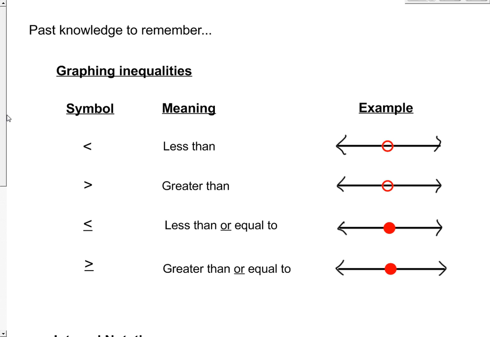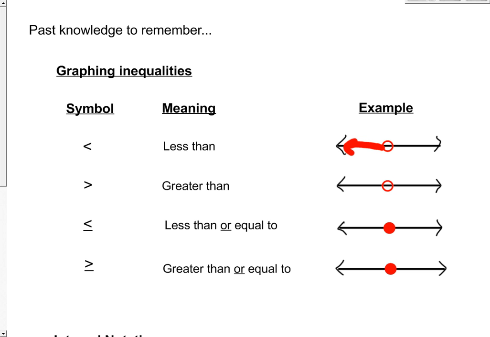Some things to remember are having to graph inequalities. So with looking at the symbols here, we have the symbol, this is less than, and if we were to graph from a point, we would have an open dot, and our graph would go less than, so to the left.